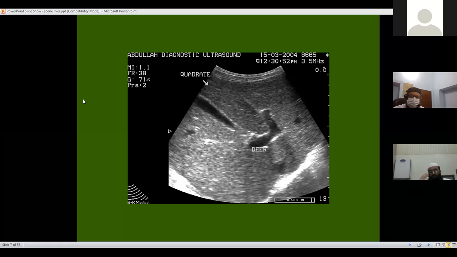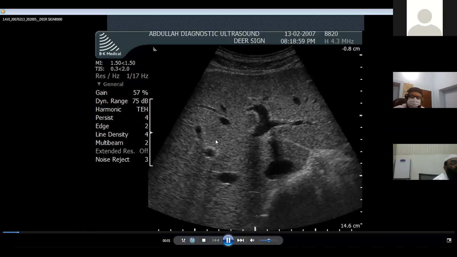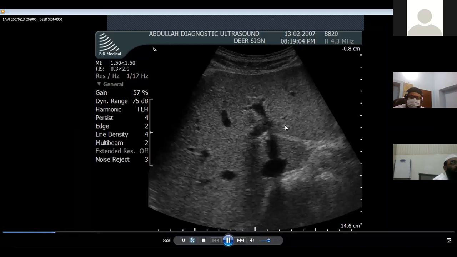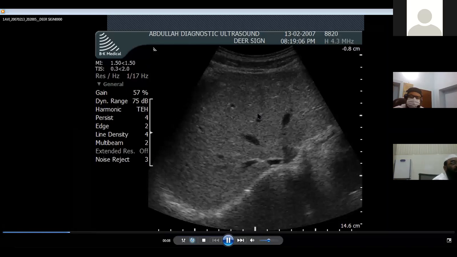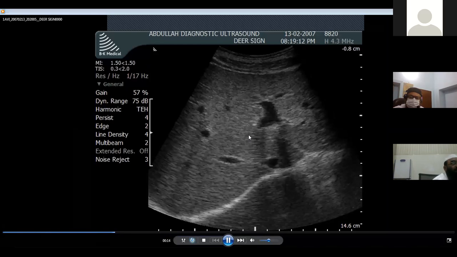There you see a running deer. There you see the running deer. You can see the neck of the deer, the front leg, the face, the horns, the body there.